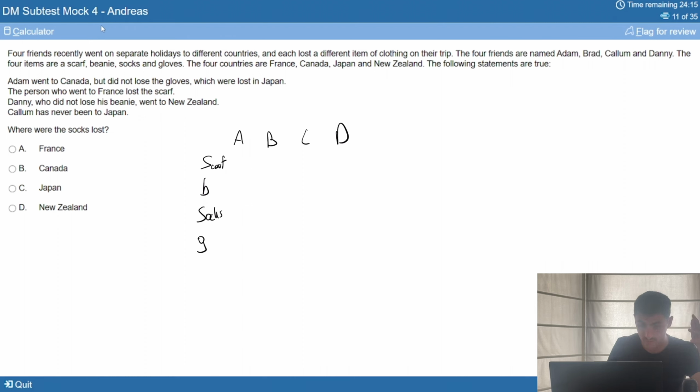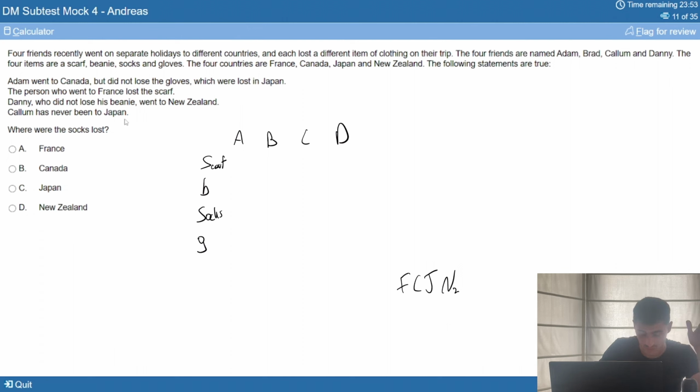And gloves, so G. The 4 countries, so I've created this sort of table, and now I'm going to put the other variable on the bottom. So FC, France, Canada, Japan, and New Zealand, so NZ. The following statements are true. Okay, I usually like starting from the bottom, so I'm going to do that.